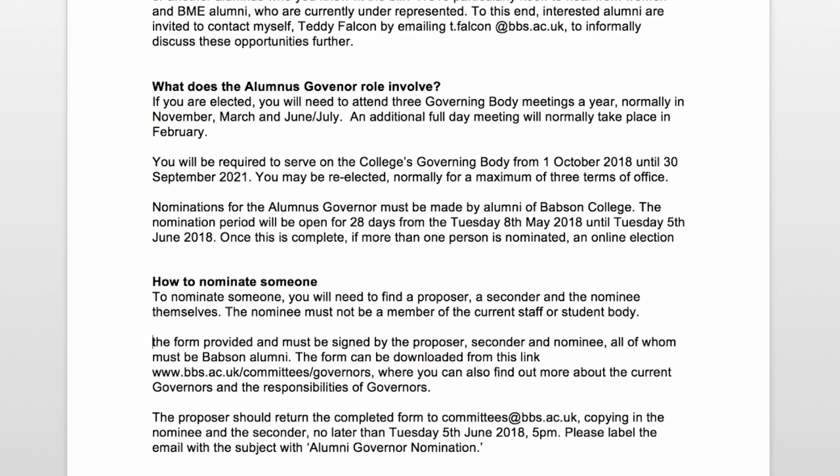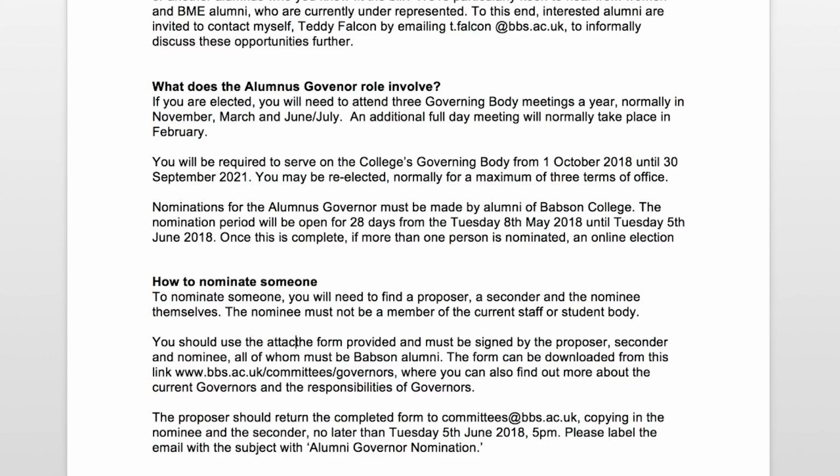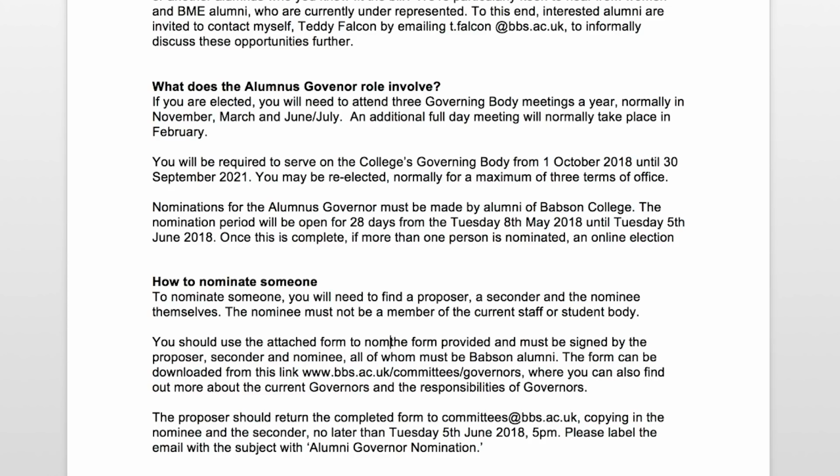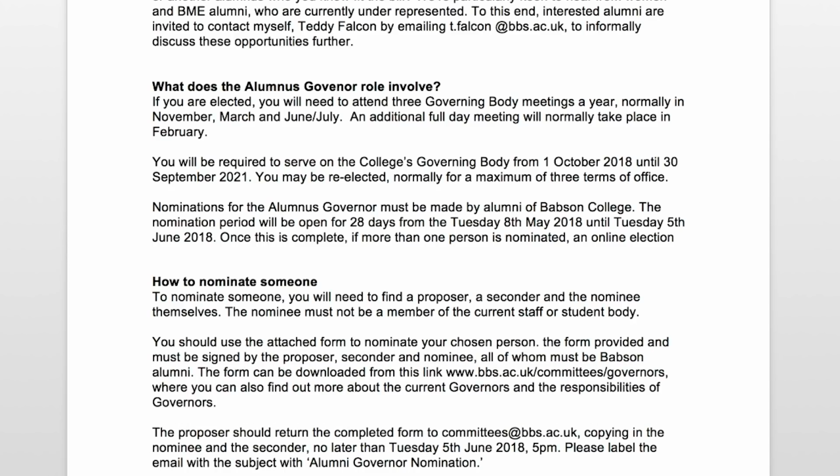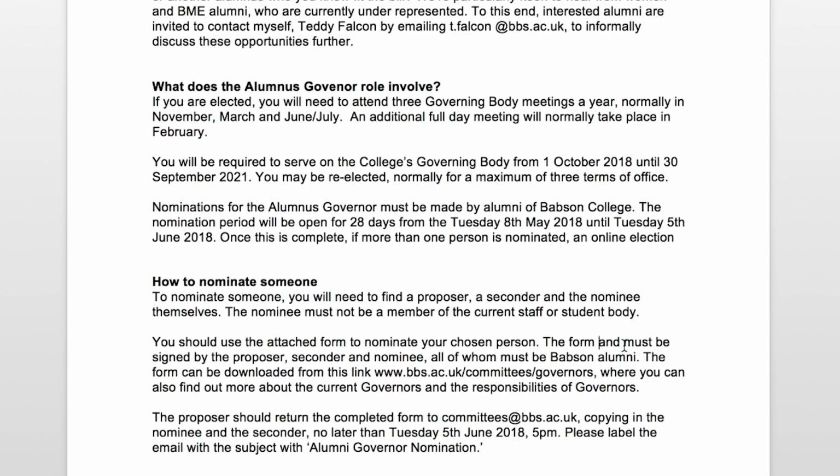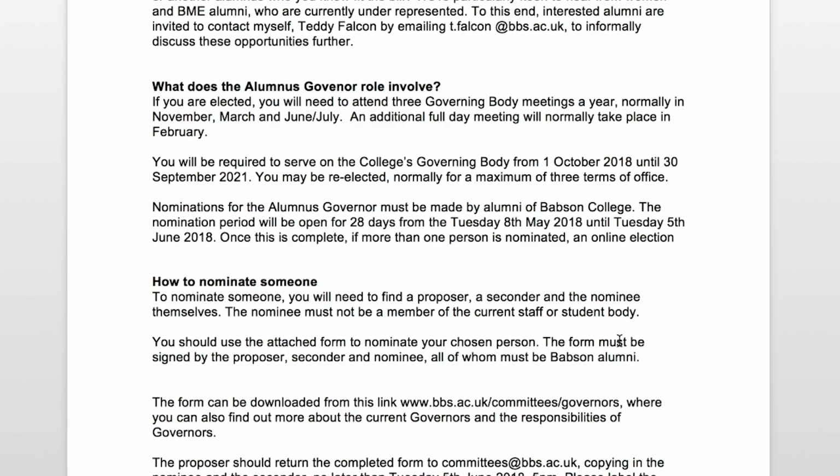So I might say, you should use the attached form to nominate your chosen person. The form must be signed by the proposer, seconder and nominee, all of whom must be Babson alumni. Okay, so I think this bit about them all needing to be Babson alumni should go here.